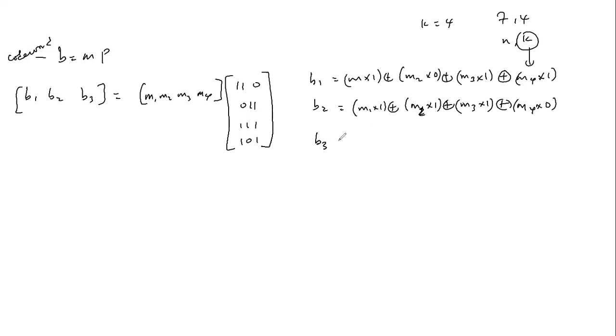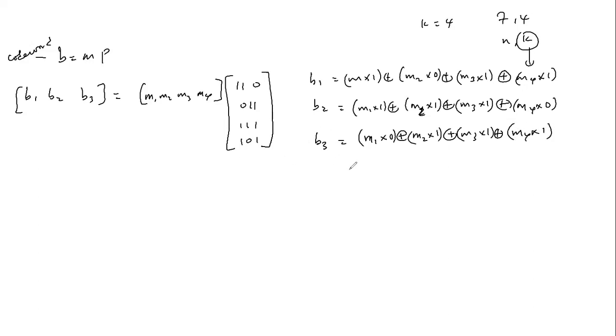Then B3 will be the same as M1 times 0 plus M2 times 1 plus M3 times 1 plus M4 times 1.